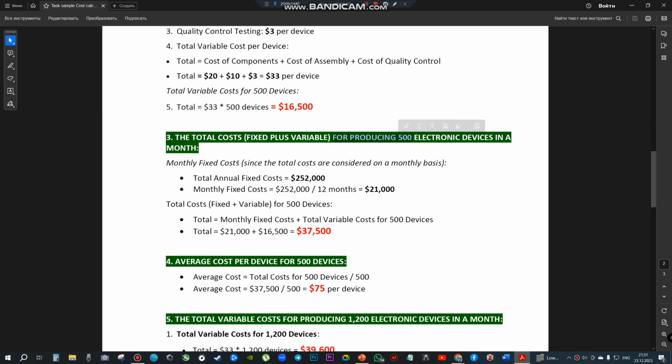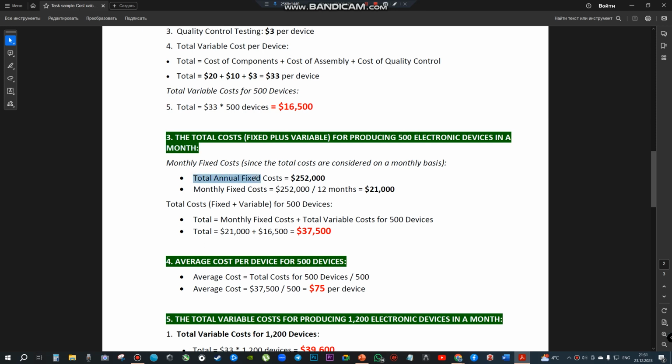So we remember that in order to understand how much money the company is spending on a monthly basis, we have to take into account that some of the fixed cost numbers you received are calculated on annual basis.